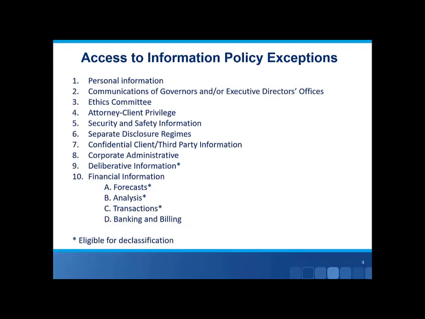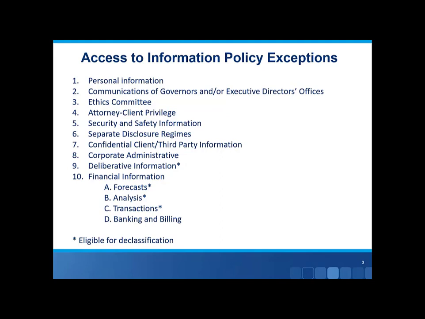And this slide here shows you some of the types of exceptions that we have. They are generally things that can cause harm to specific parties or interests of the bank. In general, this policy flipped it from everything being confidential except for the few exceptions. It flipped it the other way. So now everything should be made public unless it meets one of these criteria.